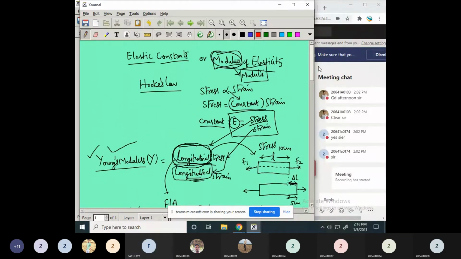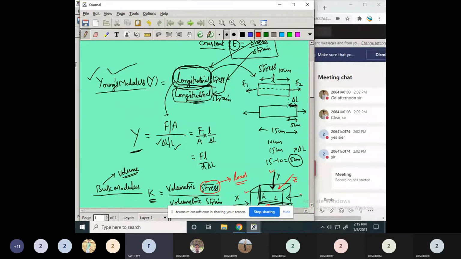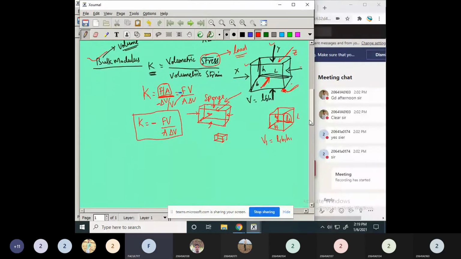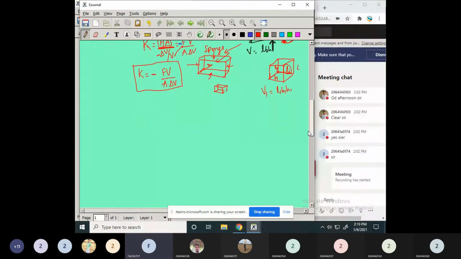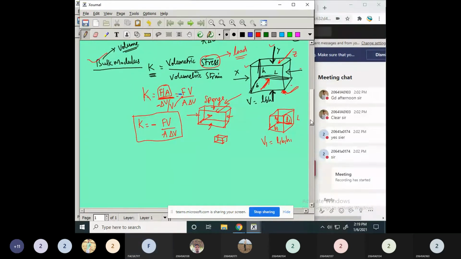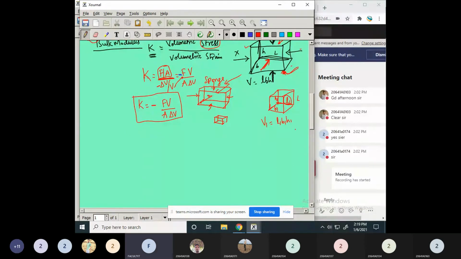First modulus is Young's modulus. Second is bulk modulus. Now what is the third one? Can anyone give the answer? Yesterday you might have seen all these three. What is the remaining modulus?